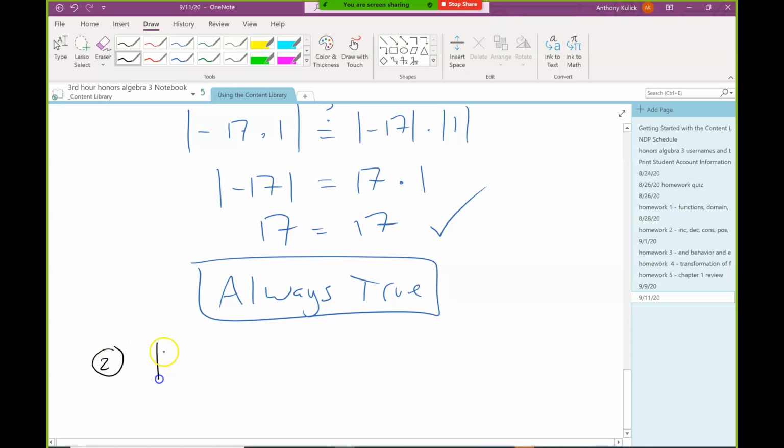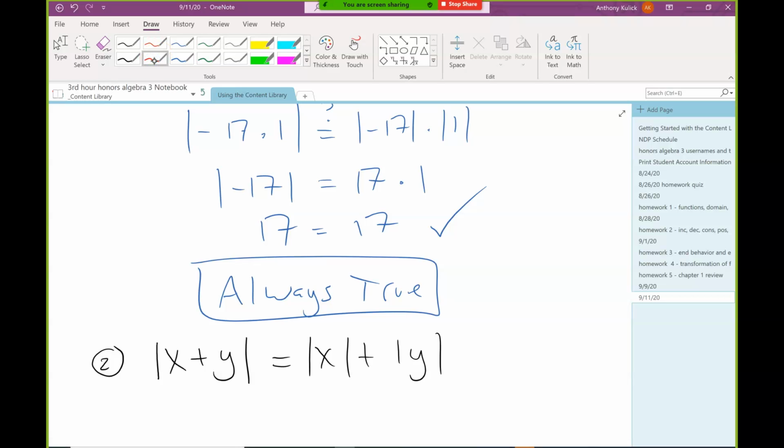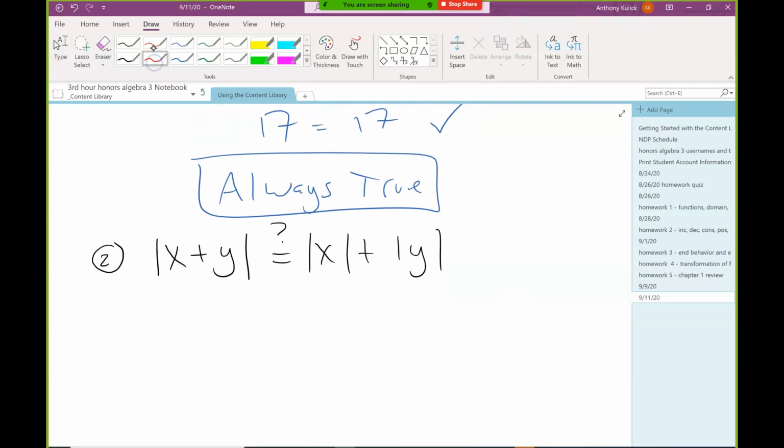Let's look at a second one. How about this one? Just at first glance, what's your initial instinct tell you without even thinking much too hard about it?